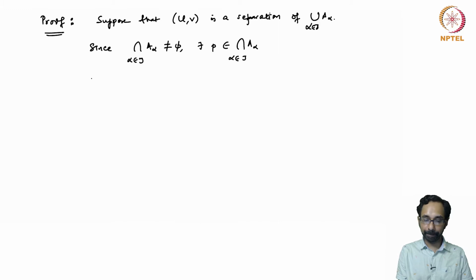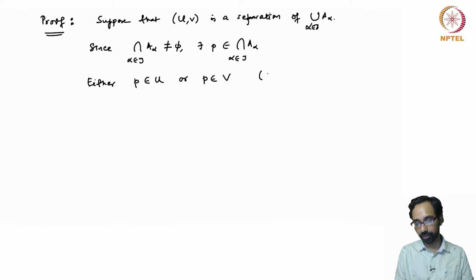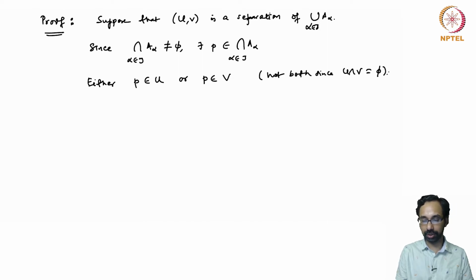So then either P belongs to U or P belongs to V, but not both, since U intersection V is assumed to be empty.